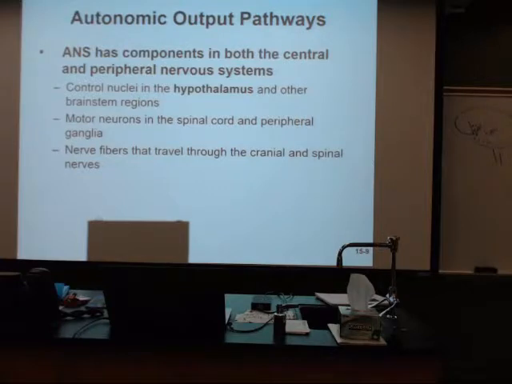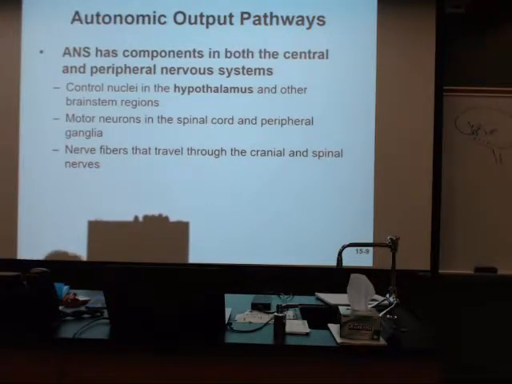Is everybody with me? And it has to exit by way of a spinal nerve. But note, it exits to peripheral ganglia. Remember how I kept trying to show this right here? Nerves are represented in yellow. And then it looks like it's got this little pink bump attached to it.